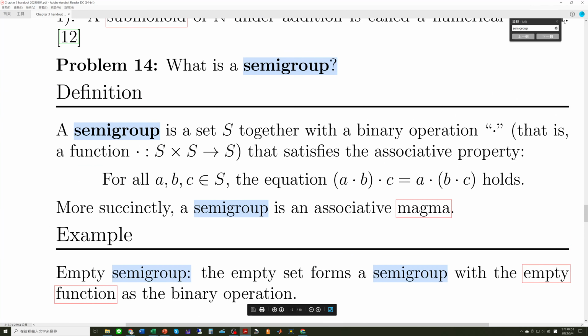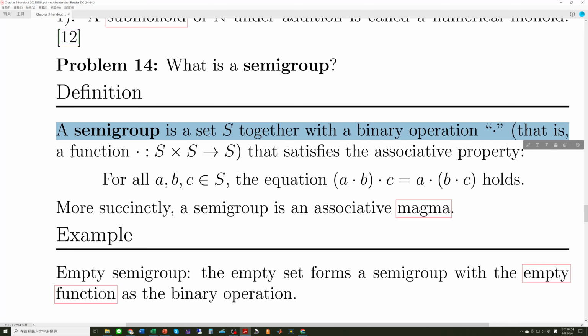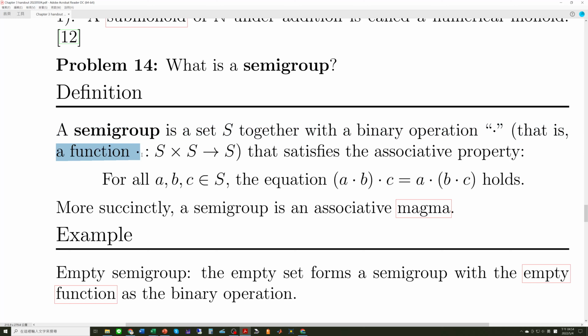The definition of a semigroup is relatively simple. Let us see the definition of a semigroup. A semigroup is a set S together with a binary operation dot, that is a function dot from S × S to S. Here × means the Cartesian product, and I will introduce it later.